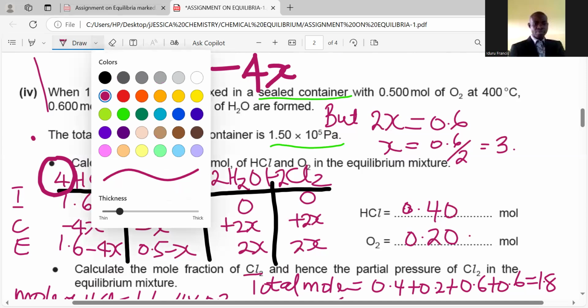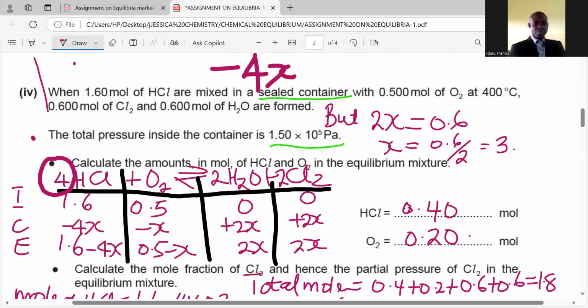And then for the products, they will increase. So plus, and the increase will be at the rate of the mole of the product. We have 2 moles here, so it will be plus 2x for steam.